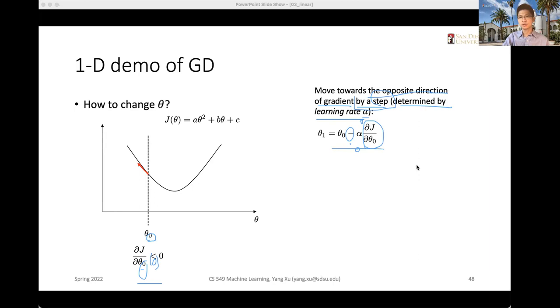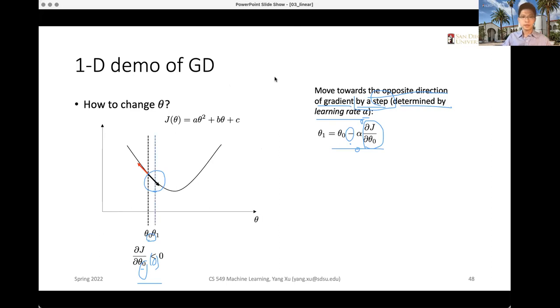So let's use theta 0 minus alpha times the current gradients. Where we go is indicated by this black arrow. That's where the new theta 1 will be. And also alpha controls how big a step we take.